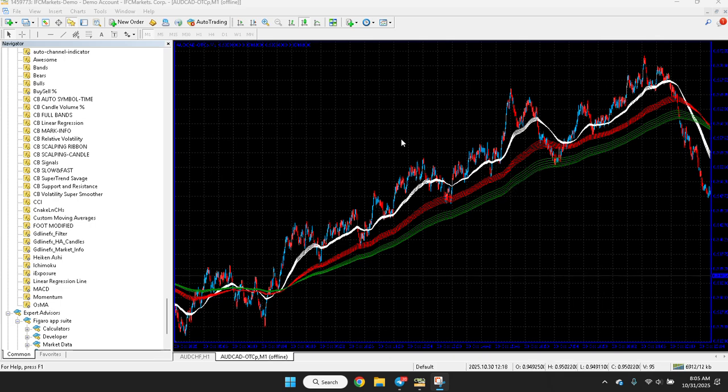Now, Pocket Option. Let's take your 50 moving average on Pocket Option. I believe we have it set for EMA, which is exponential moving average. That just means it moves a little bit faster direction-wise over the last 50 candles.